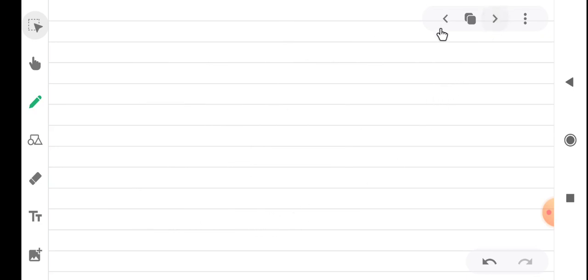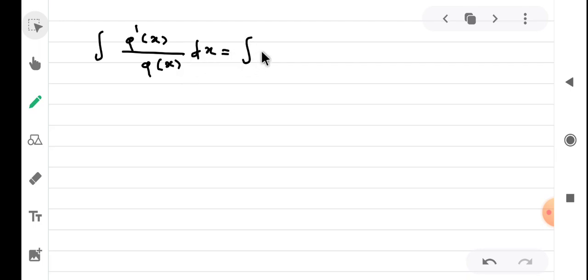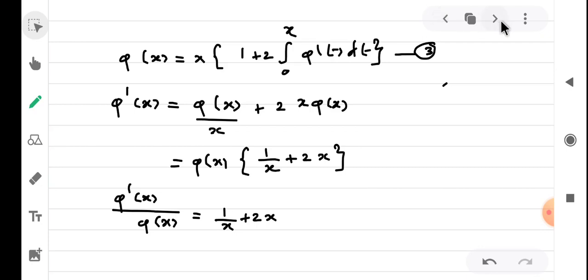Now integrate on both sides, so integral phi dash of x divided by phi of x into dx is equal to integral 1 by x plus 2x into dx.